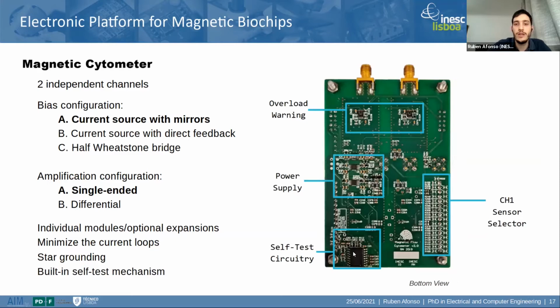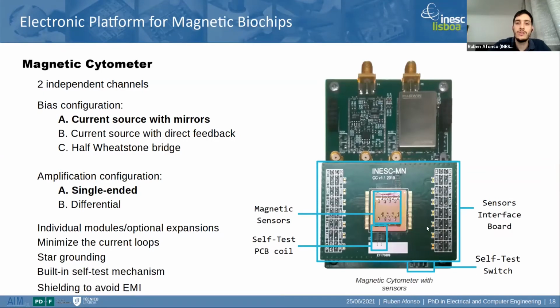We also have built-in self-test mechanisms, such as a magnetic field generator at the bottom, an overload warning on the top, and voltage monitoring to see when the board is working and when it stopped working.